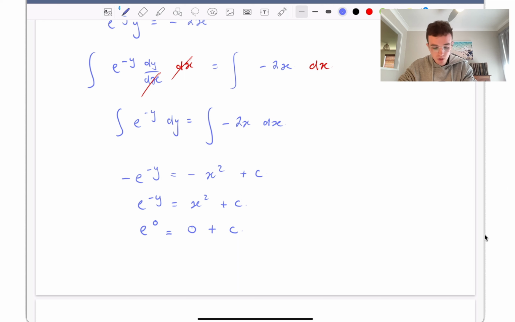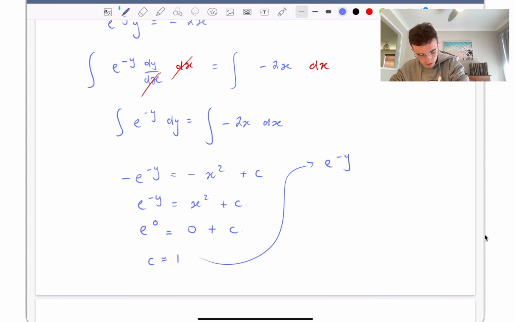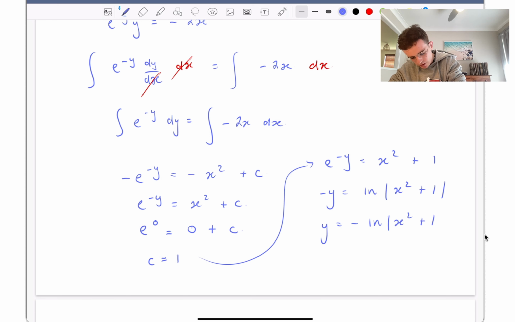And e to the 0 is 1, so that means c equals 1. So this equation is e to the minus y equals x squared plus 1, which means minus y equals ln of x squared plus 1, which means y is equal to minus ln of x squared plus 1.